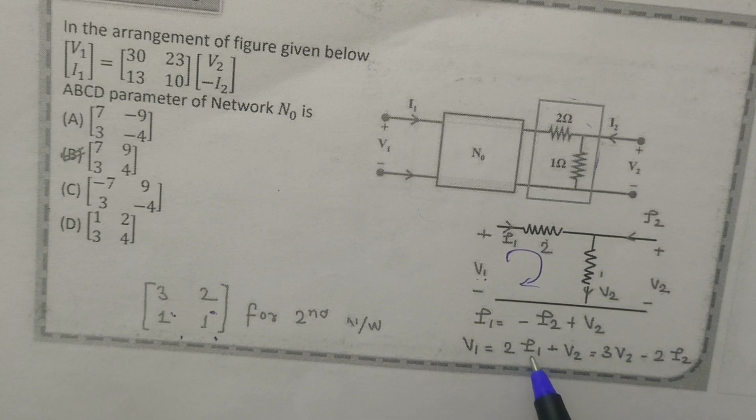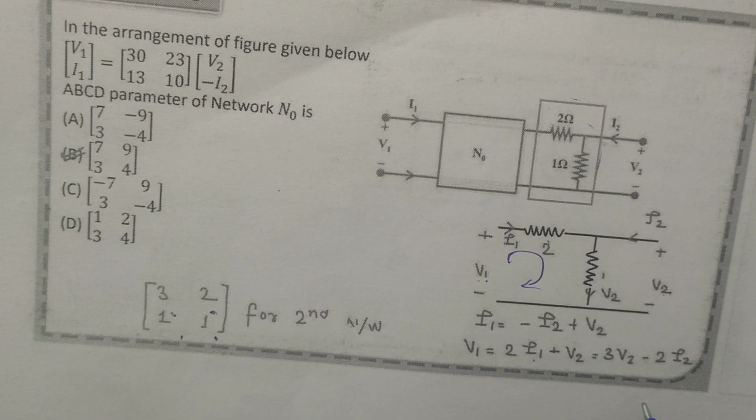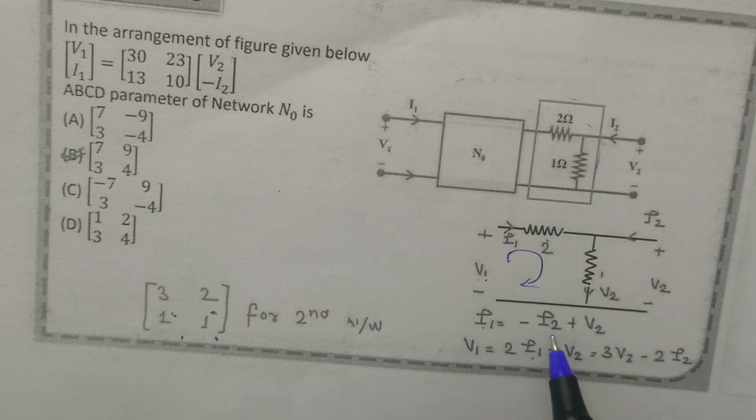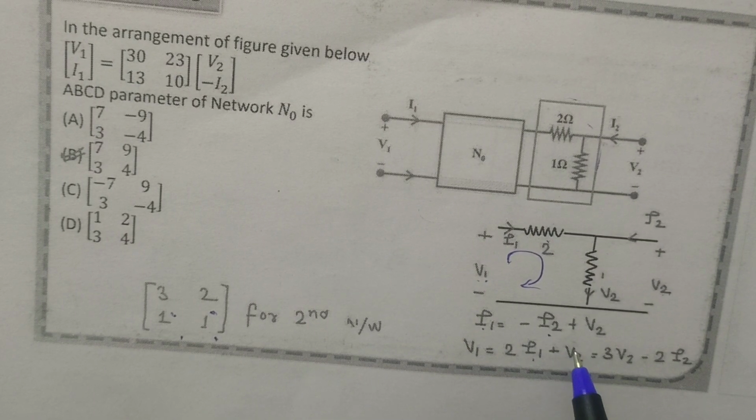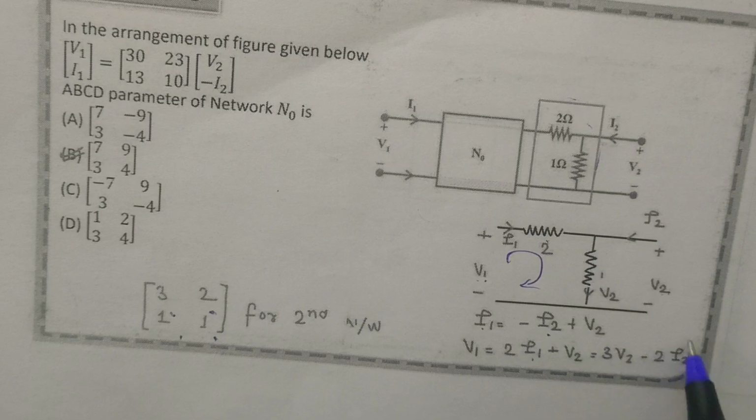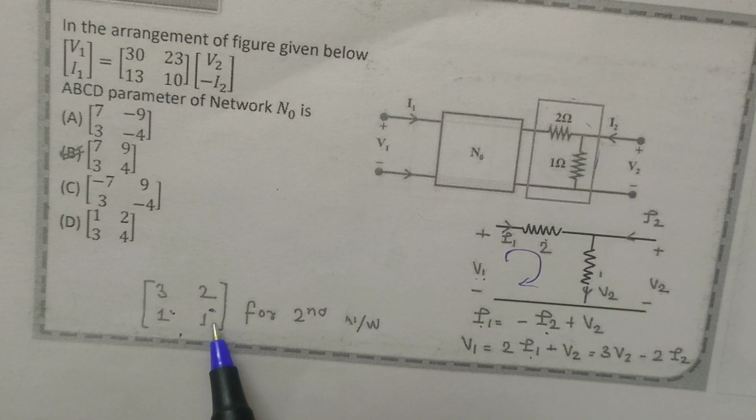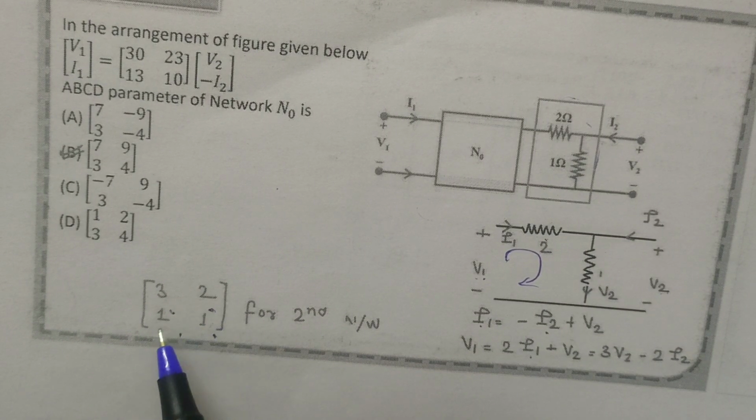Substitute this I1 value, you will get it as 3V2 minus 2I2. So V1 is equals to AV2 minus BI2. I1 is equals to CV2 minus DI2. From these equations you will get the ABCD matrix as 3, 2, 1, 1.